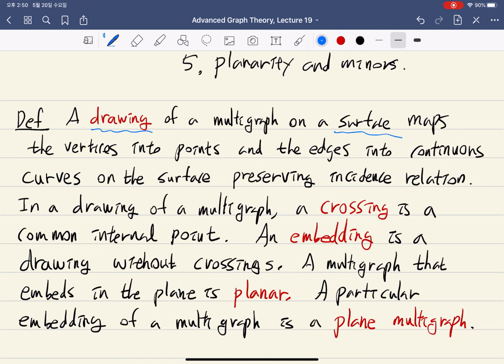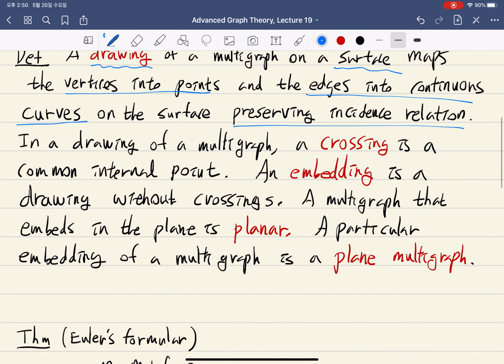It maps the vertices into points and edges into continuous curves. Moreover, when we embed the edges between U and V, it embeds into a continuous curve whose end points are U and V, which is what it means by preserving the incidence relation.